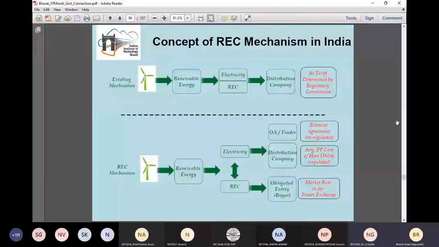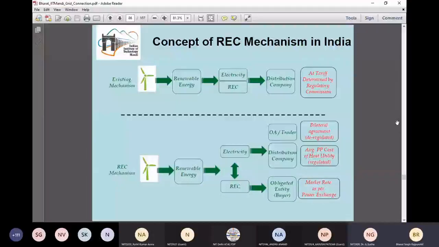Is this fine? Now, instead of 4.5 rupees as a preferential tariff in the existing mechanism, we say sell the electricity to the distribution company at the average power purchase cost. A typical average power purchase cost would be somewhere around 2.5 rupees.